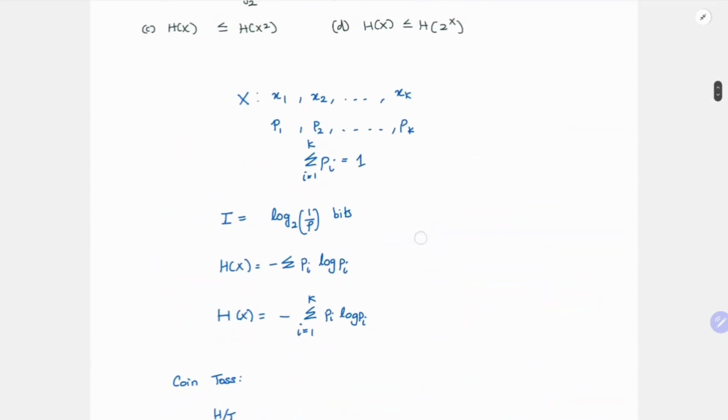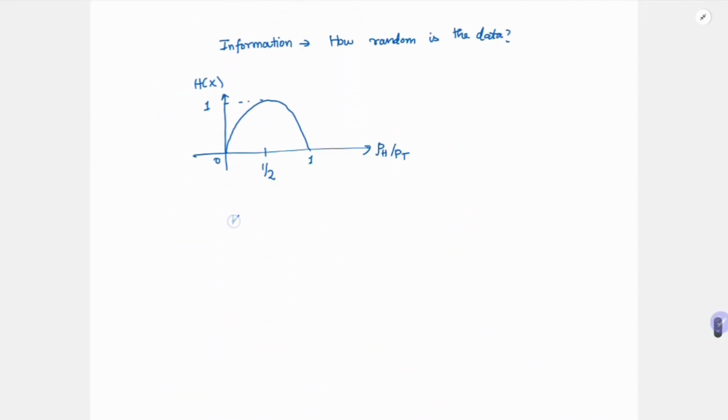But in our question it is taking K values. For K values, H(X) will be maximum when pi is equal to 1/K for all i. For this case, what will be your H max of X?